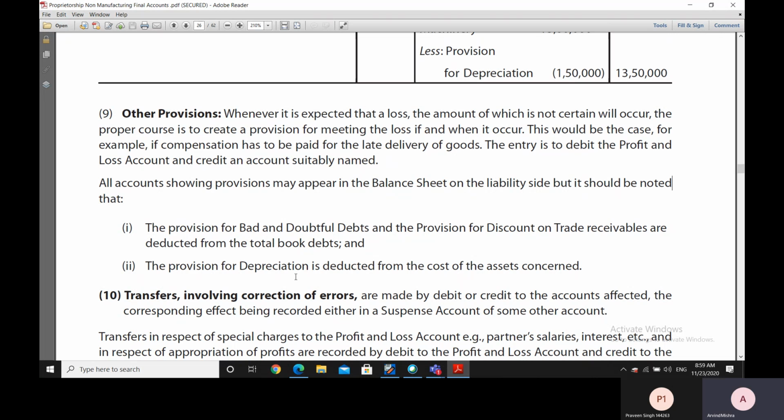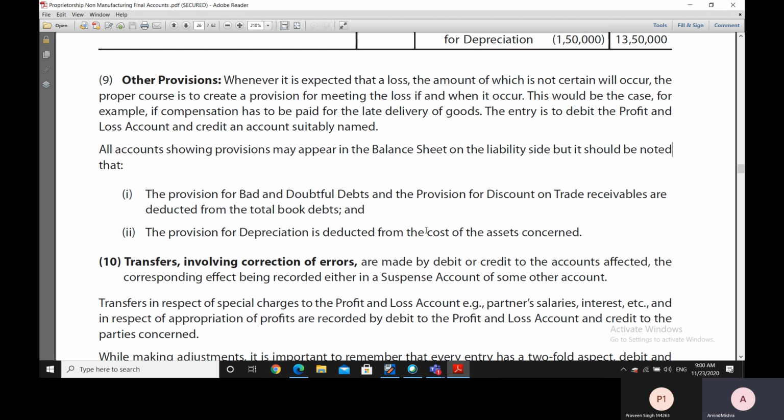Similarly, the provision for depreciation is deducted from the cost of the fixed asset on which the depreciation has been allowed, or included in the accounts.